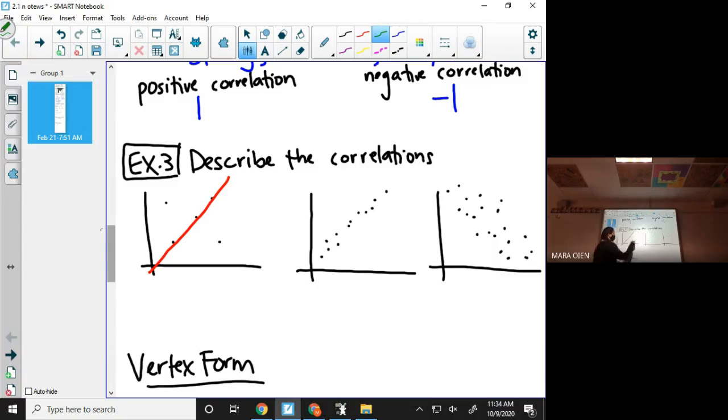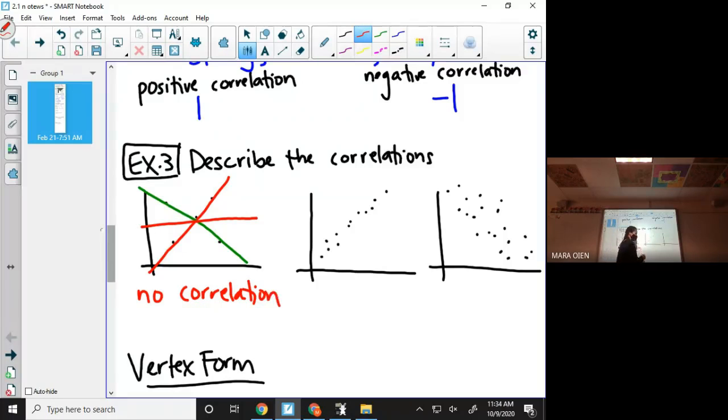But at the same time, I could draw a line like this, and it would also go through 3 of the points, and that would be a negative. Or I could be like, well, what if it's like this, and it's only going through 1, but then it's close? So see how I can't really tell where that one needs to go? So this one I would say has no correlation. And when we're saying no correlation, we're saying there's no linear correlation. There's no line that's going to be really good for those points.